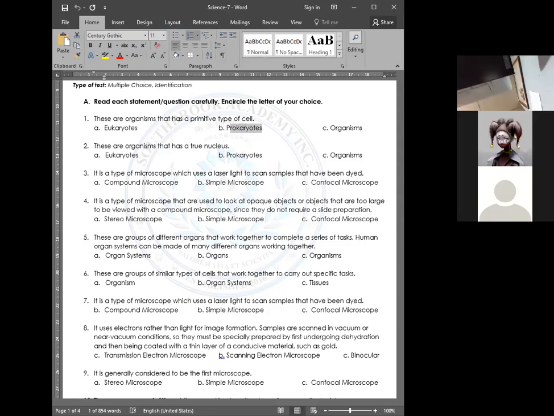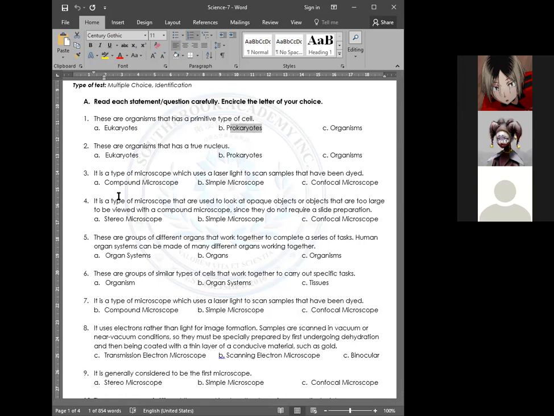It is a type of microscope which uses a laser light to scan samples that have been dyed. Letter B. Is that correct? A type of microscope which uses laser light to scan samples that have been dyed. Simple microscope is just a magnifier. Again, simple microscope is just a magnifier.